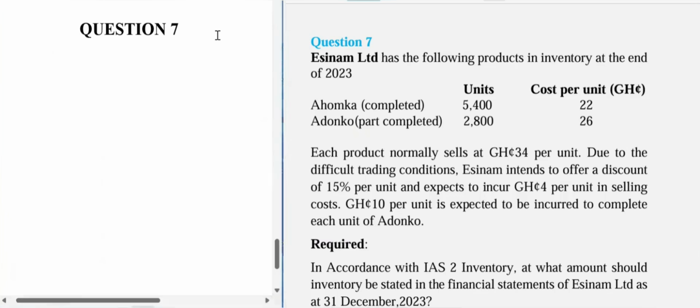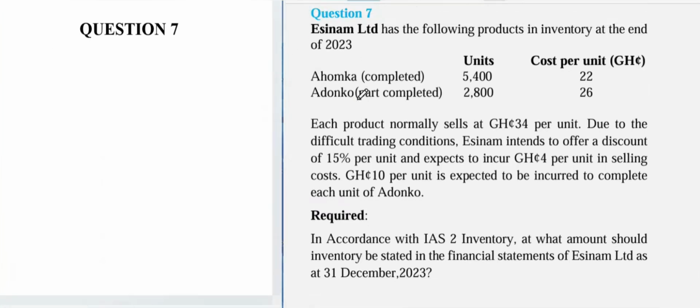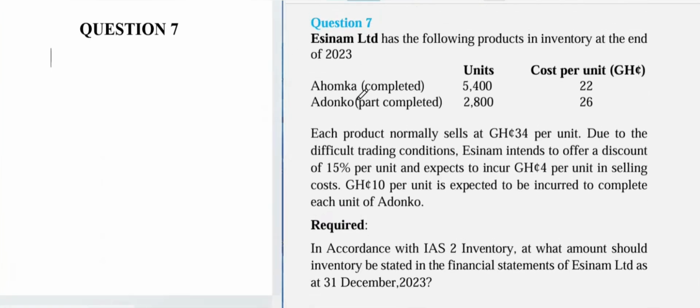It says S&M Limited has the following products in its inventory at year end. So we have Ahumka completed, 5,400 units, cost per unit 22 cedis. Then Adonko part completed, like the work in progress, WIP. And then the Ahumka completed is the finished goods, right?